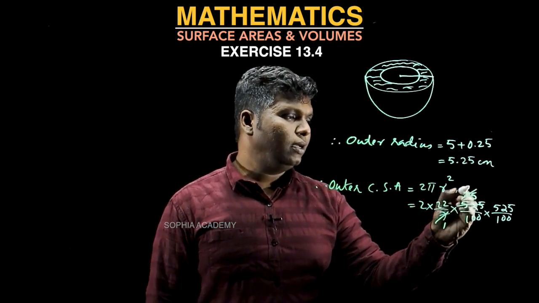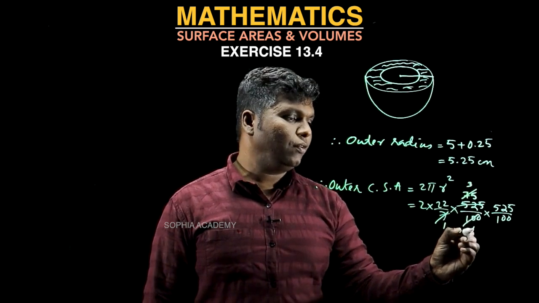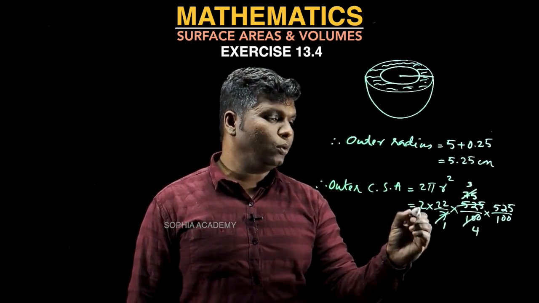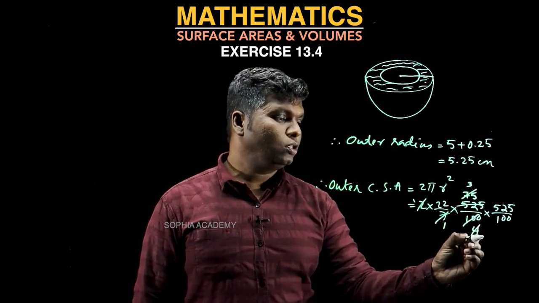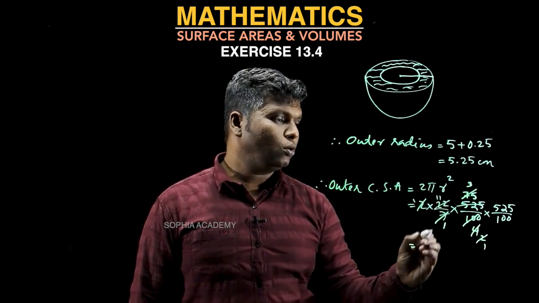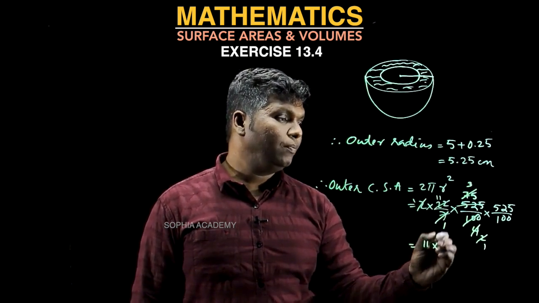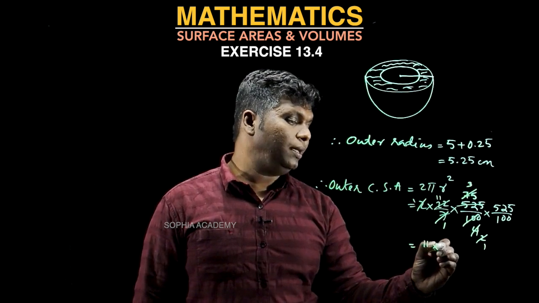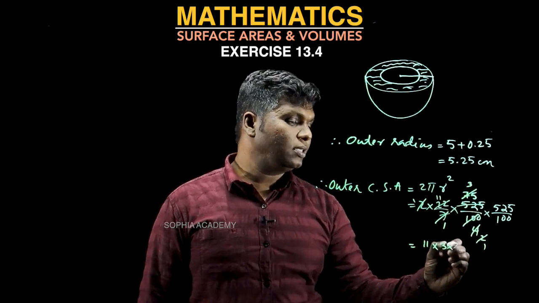So 25 3 times, 25 4 times. These two you can cancel, 2 1s are 2, 2 2s are 4, 2 1s are 2, here 11 times. So all together you will get 11, and here there's a 3.